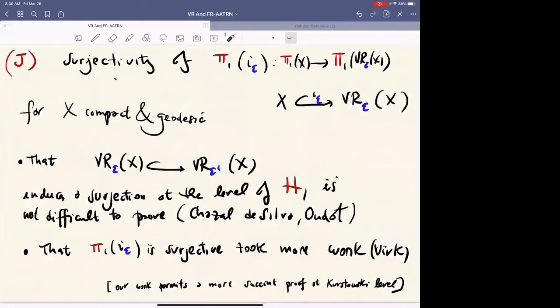Another thing that can be done at the level of Kuratowski embeddings is to prove the surjectivity from pi1 of X into pi1 of Vietoris-Rips of X at epsilon. Henry actually mentioned this to me recently, that Virk did prove this result directly at the level of simplicial complexes.